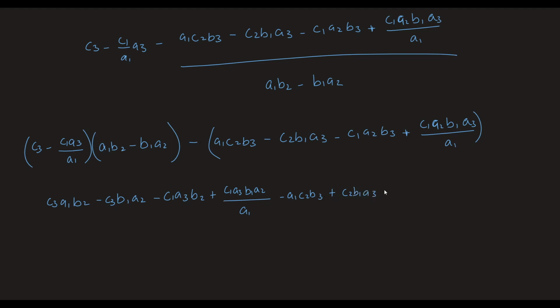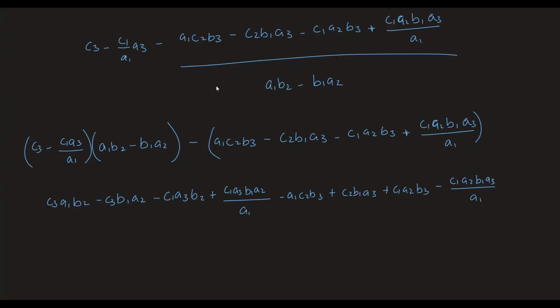And then plus C1 A2 B3. And then we've got a minus and a plus, so that's minus C1 A2 B1 A3, all over A1. Yes! Alright, we are there. Very, very close.